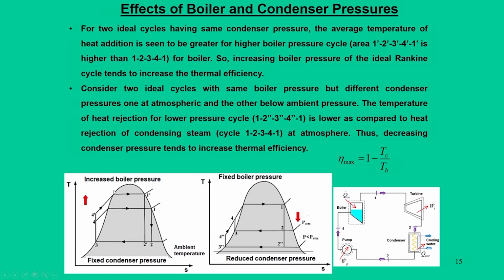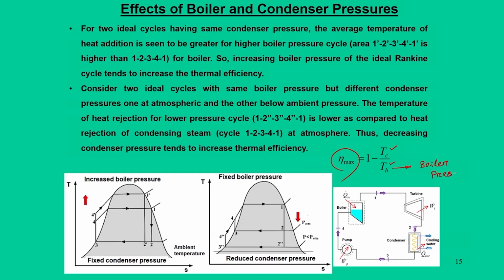So, there are two possibilities here. First, efficiency can be higher by reducing Tc or increasing Th. Now, this Th for us is its correlation with respect to the boiler.